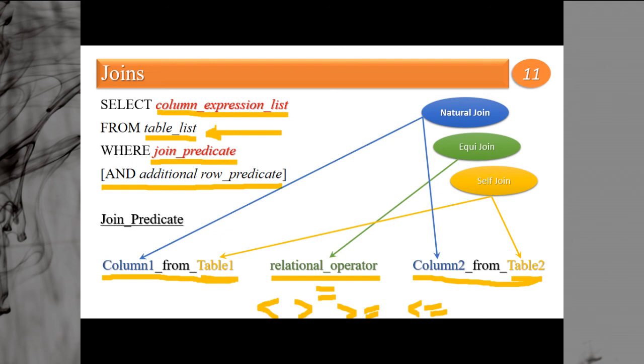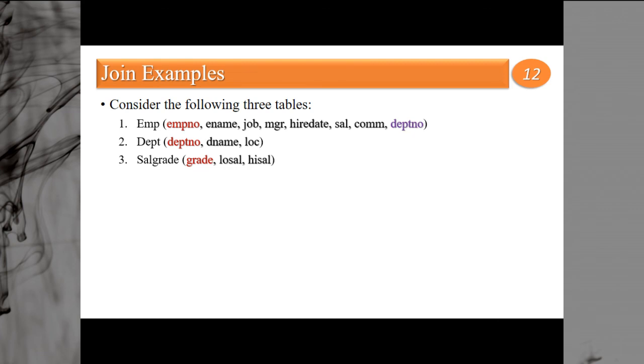Table 1 is table 2, and table 2 is table 1. In that particular case, we are joining a table with itself. So it is called self join. If you remember these three things, it is very easy to perform these joins. Now I will explain these joins with some examples.